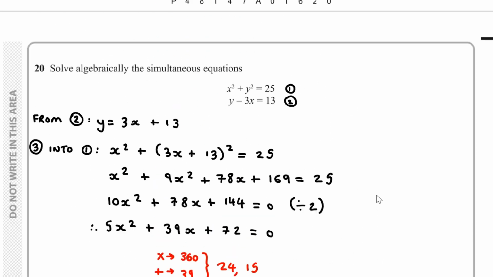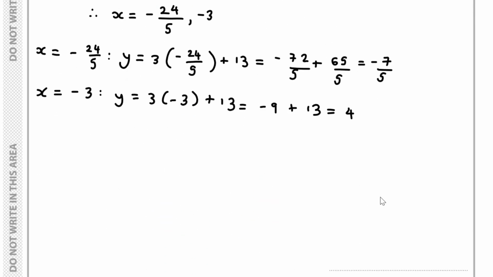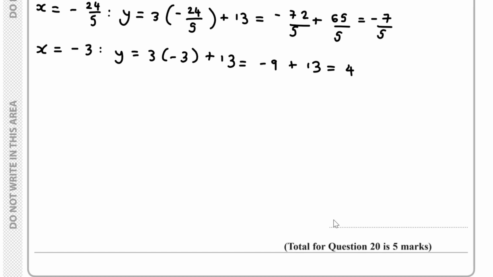Now does it ask for the coordinates? No, it doesn't. So we can give our solutions as follows. When x is equal to minus 24 over 5, y is equal to minus 7 over 5. Let's just write this down actually in full. So here we've got solutions.